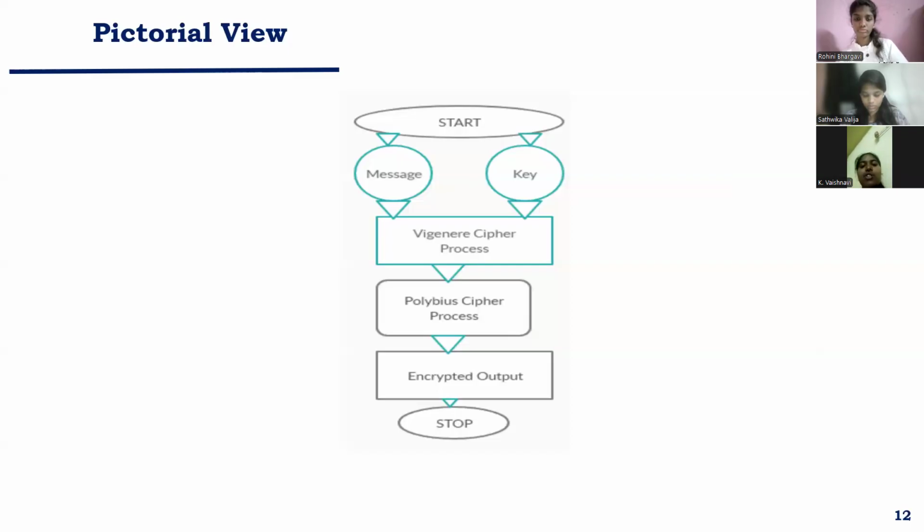By the combination of these two, we get the encrypted output, and the output can only be accessed by the sender and receiver. A third person cannot access the output. Through this we can secure the data. So this is the pictorial representation.